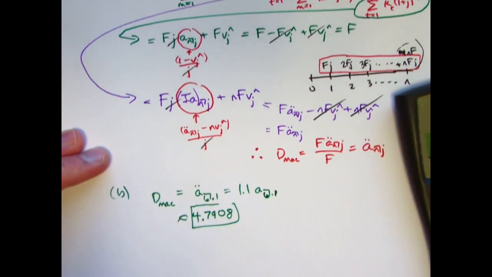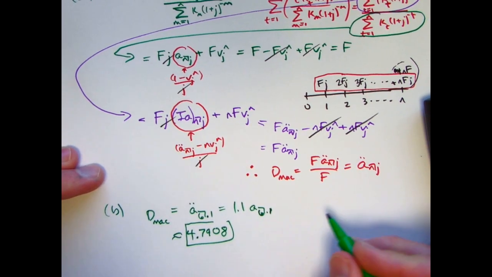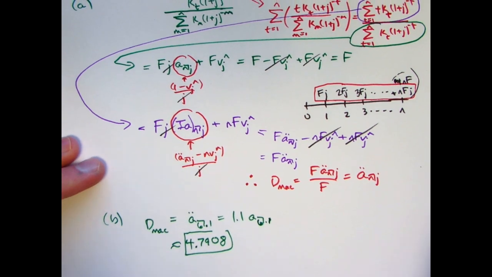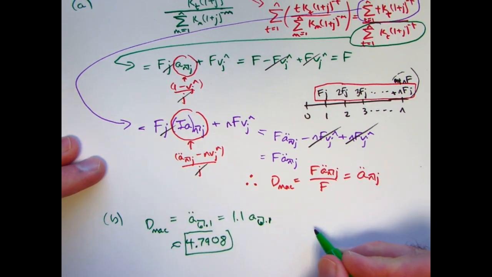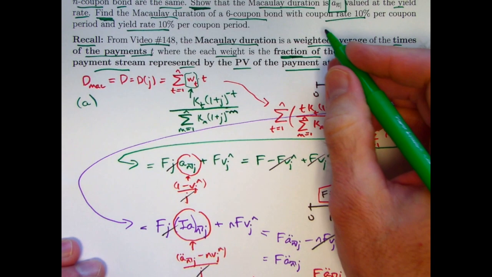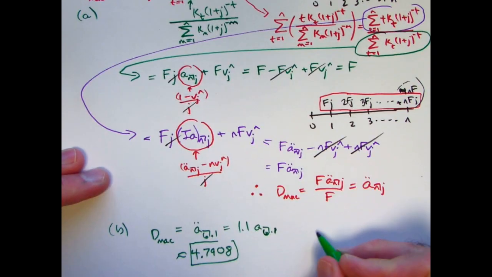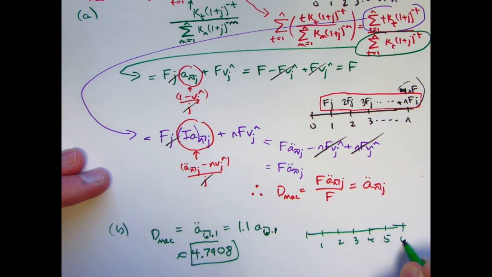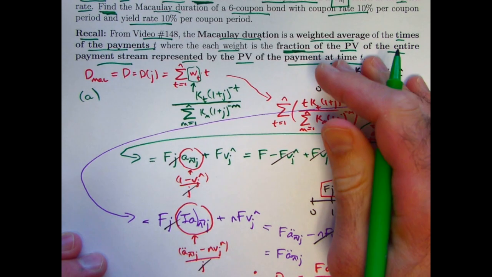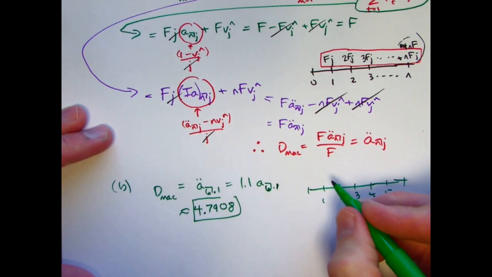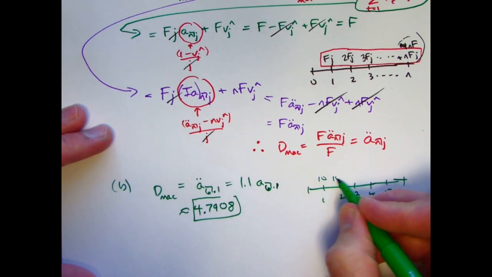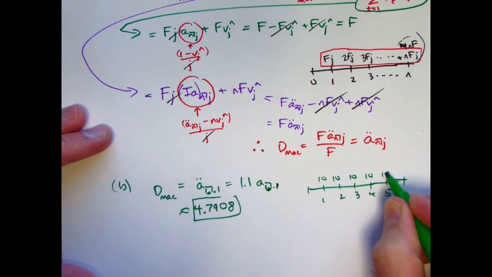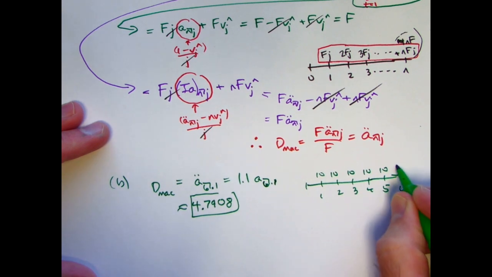That is the duration. You've got 6 payments total here if you want to conceptualize this. If you imagine the face amount being 1, for example, well, let's imagine it to be 100. Times 1, 2, 3, 4, 5, 6. If you imagine the face amount of this bond to be 100 and the coupon rate is the same as the yield rate, 10%, you have payments of 10 from time 1 to time 5 up until your last payment of 110.